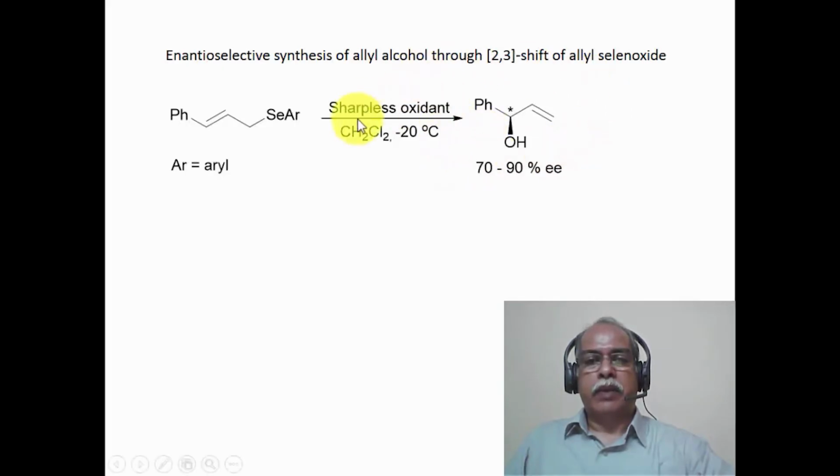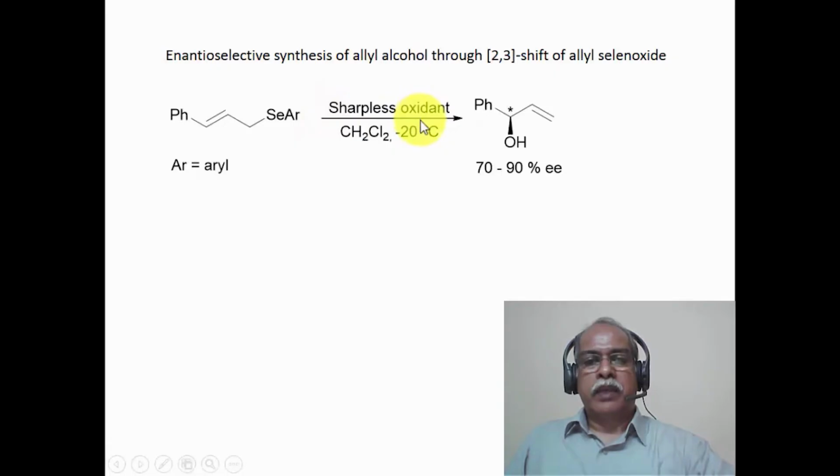The same reagent can be used for the oxidation of the selenide to the corresponding selenoxide in an enantioselective manner. Once you have synthesized the selenoxide in an enantioselective manner, the rearrangement can also be expected to proceed in an enantioselective manner. In fact, the chiral selenoxide is produced from this selenide using the Sharpless oxidant. This Sharpless oxidant is the same as the reagent that is used for Sharpless oxidation.